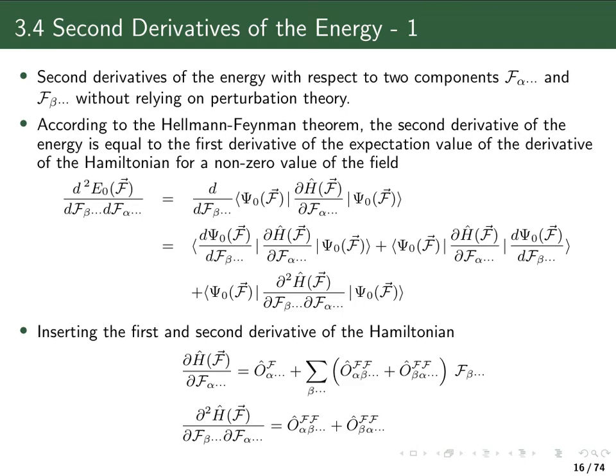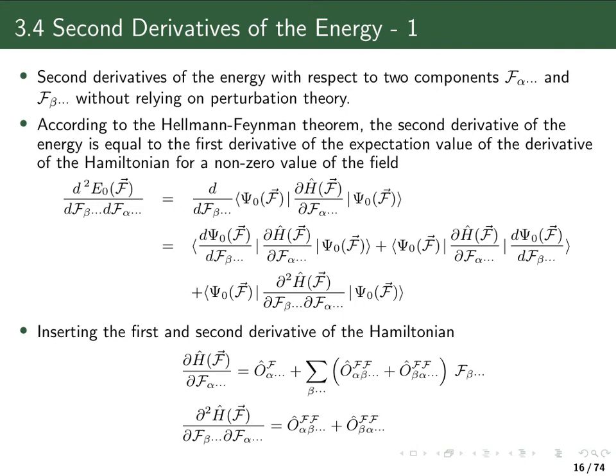If you now insert these derivatives of the Hamiltonian, in the first derivative we now get the interaction operator, the part of the perturbation operator which depends only on coordinates or canonical momentum or spin operator of the electrons, and here the alpha component.